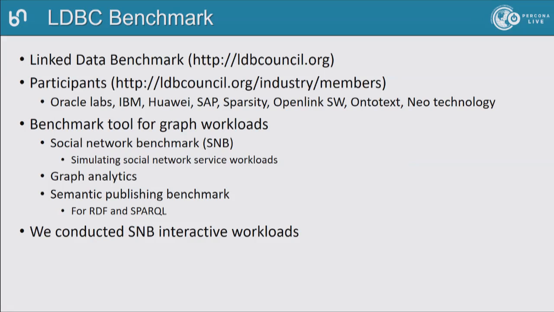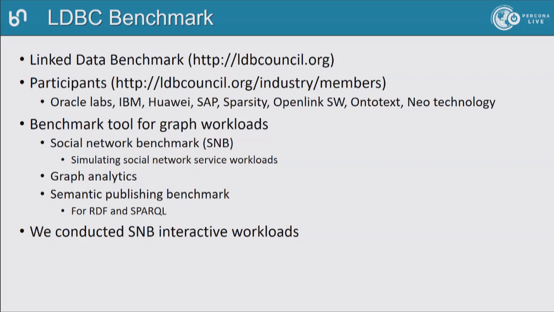And I want to show the performance comparison. We conducted a performance comparison using the LDBC benchmark tool. LDBC is a consortium for making benchmark tools for graph workloads. There are big companies participating in this project like Oracle, IBM, Huawei, and SAP. There are 3 kinds of benchmark workloads.